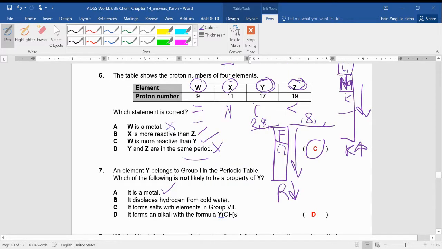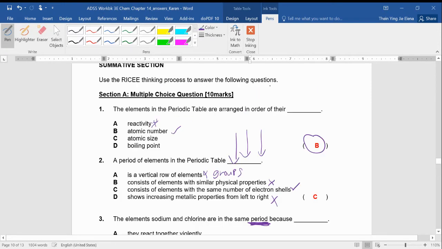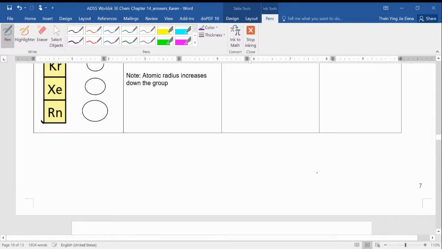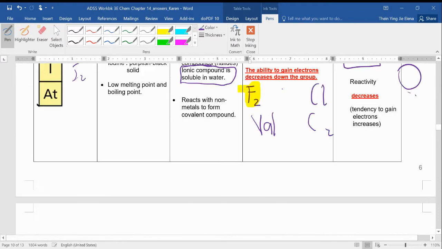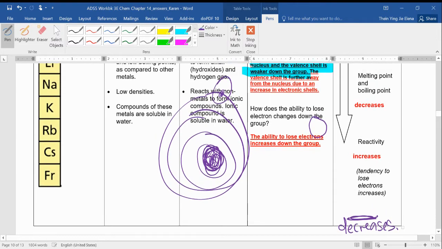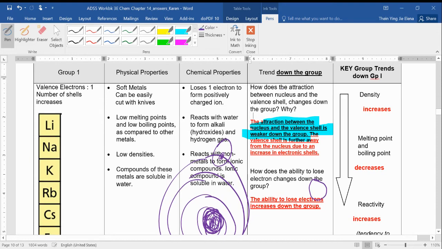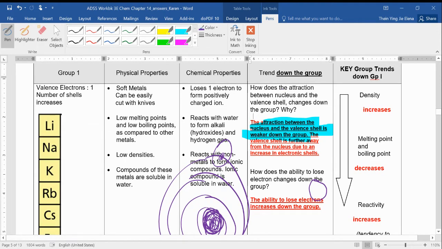If we are not sure, we can refer to our table here. Let me just search for it. Okay, group 1 elements are able to react with water to form alkalis and hydrogen gas.